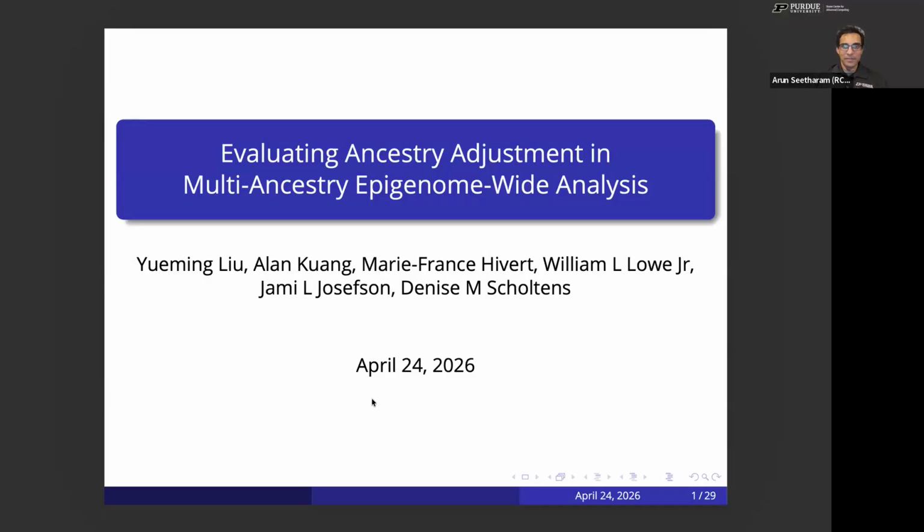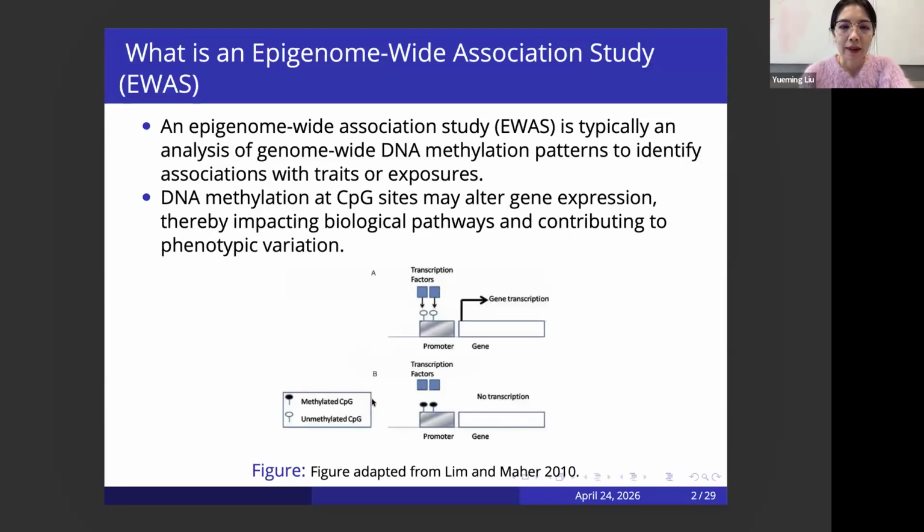Looks good. Thank you. Good morning, everyone, and thank you for the opportunity to present my work here today. My project focuses on evaluating ancestry adjustments in multi-ancestry epigenome-wide analysis, or EWAS. In EWAS, we test associations between DNA methylation levels and phenotypes of interest.